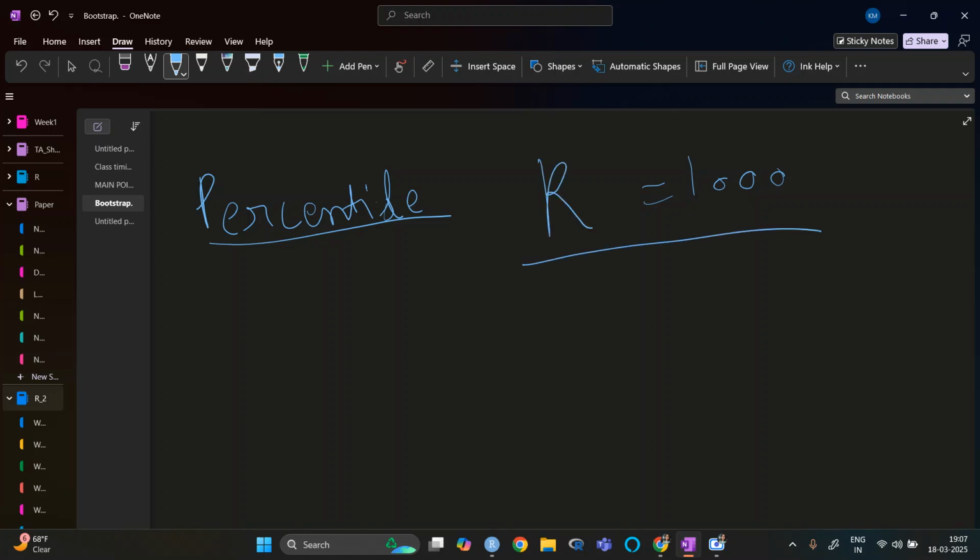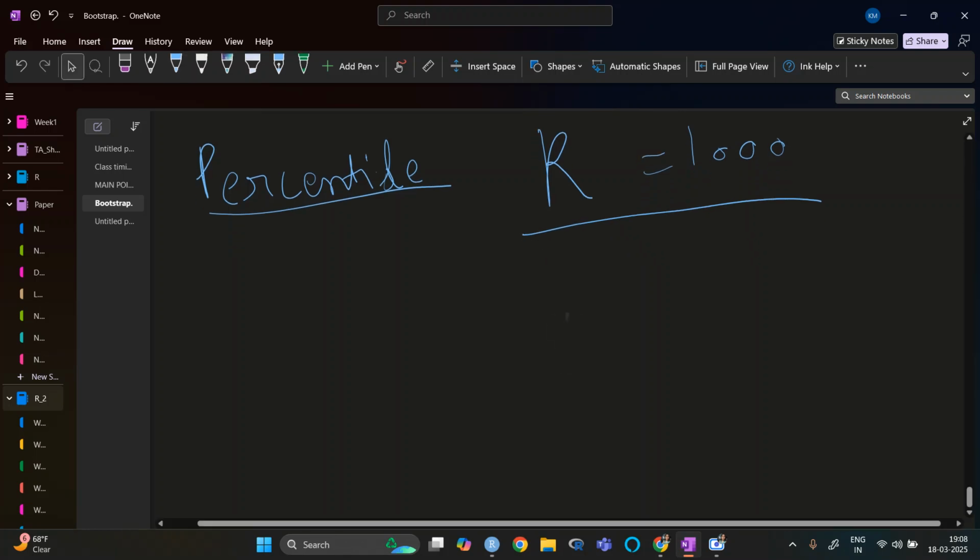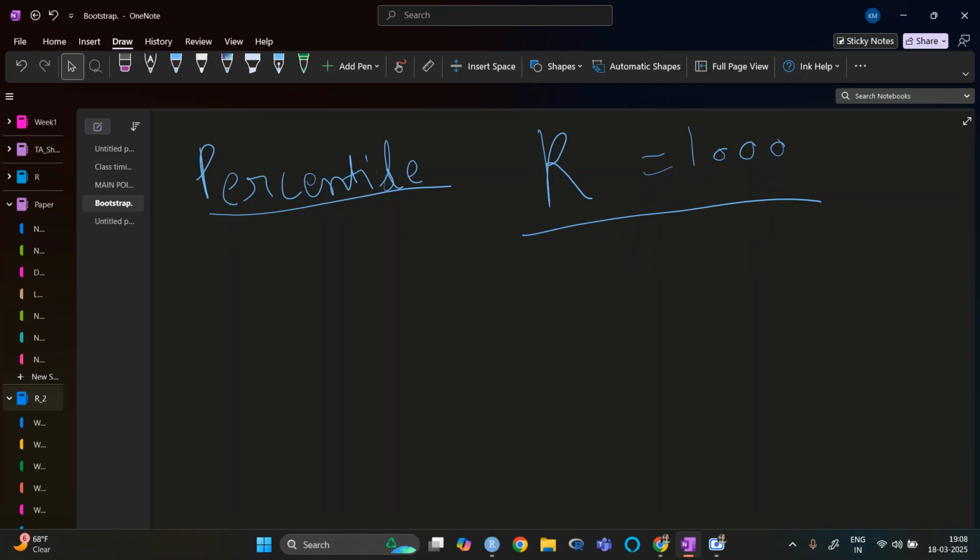So R is 1000. For the percentile, if we take alpha as 0.05, which is the general choice, we get a 95% confidence interval.